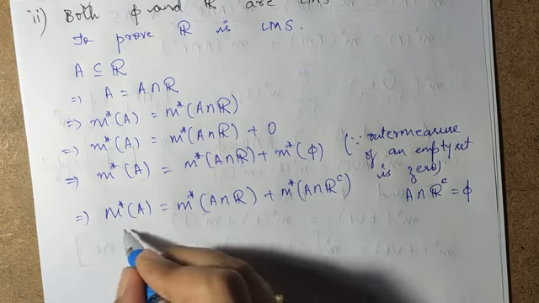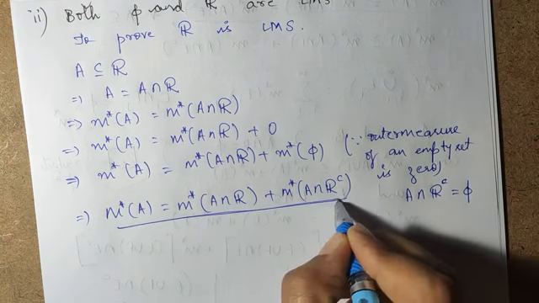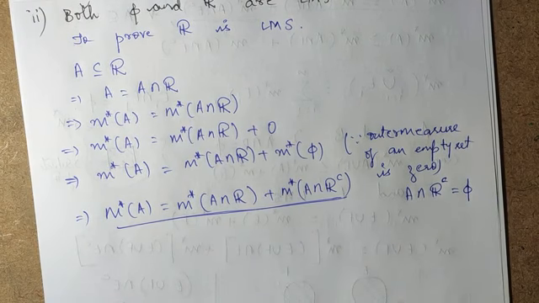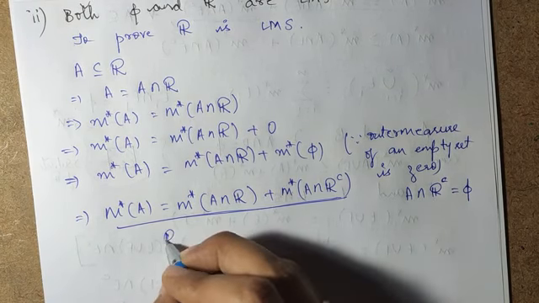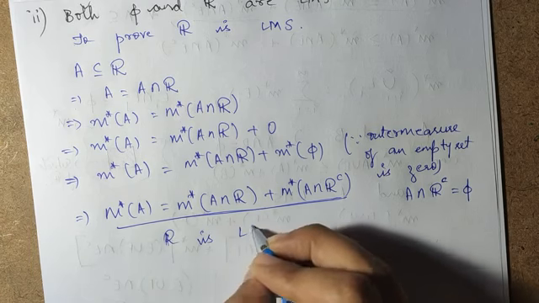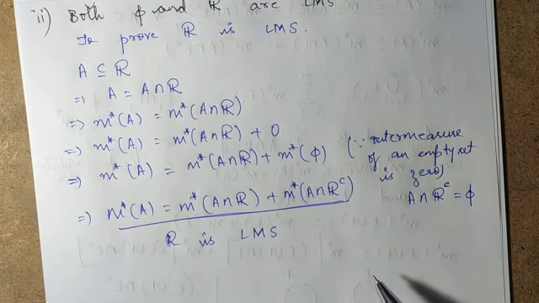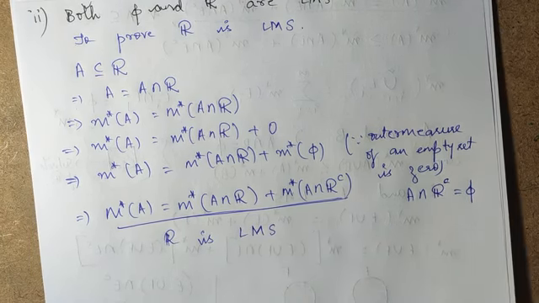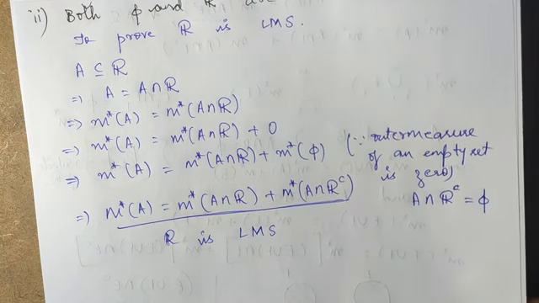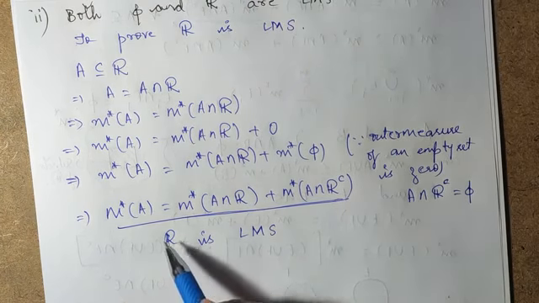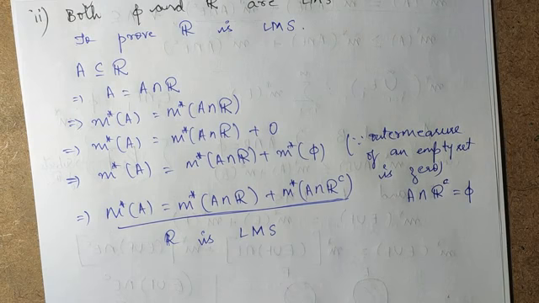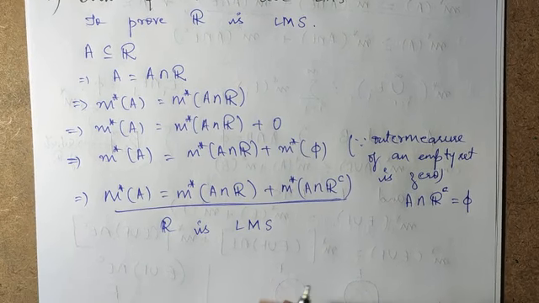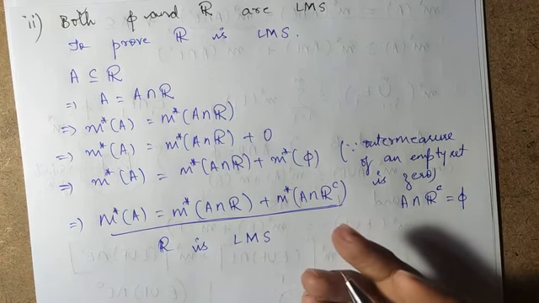Okay, so if you observe this, from the definition of Lebesgue measurable set, I can say R is Lebesgue measurable set. From the previous property, we know that if any set is Lebesgue measurable, then its complement is also Lebesgue measurable.